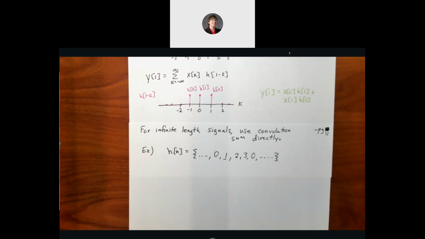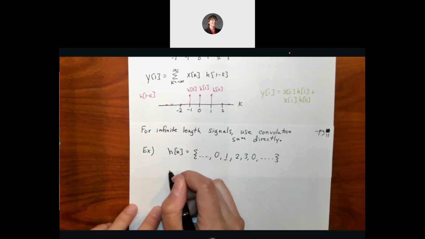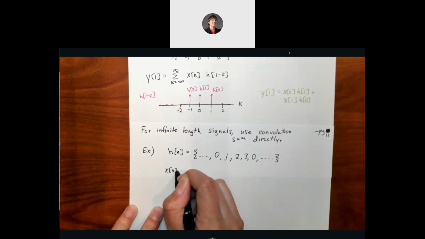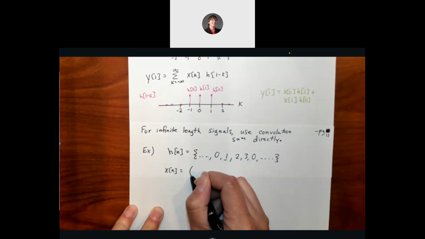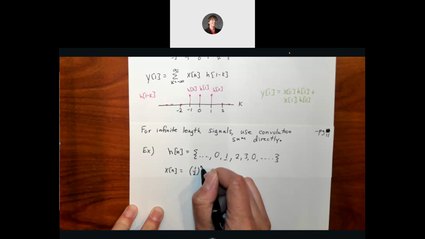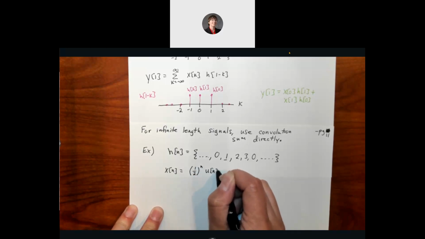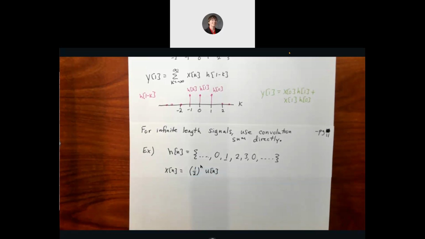Same system that we looked at in the last case. But now, instead of our x of n being some finite length signal, let's say instead that it is (1/2) to the n times u of n.